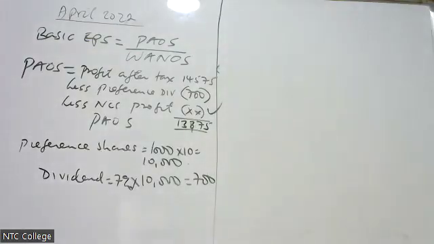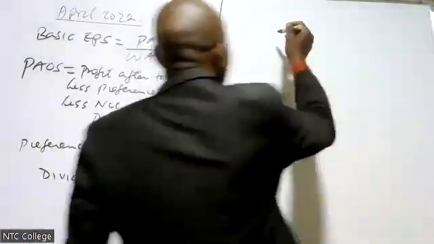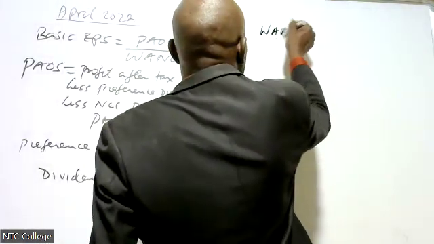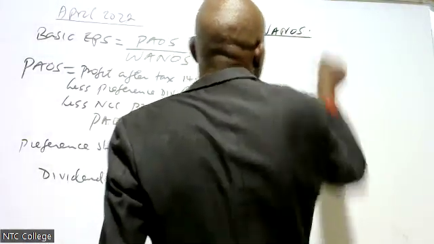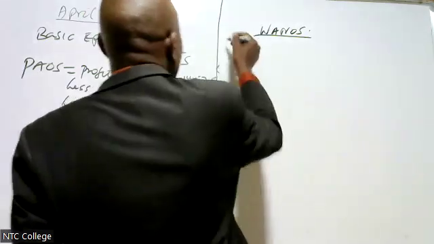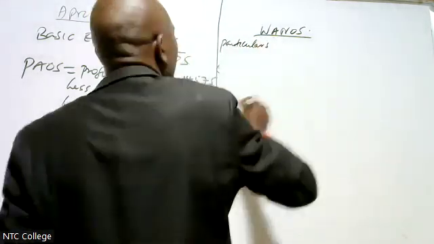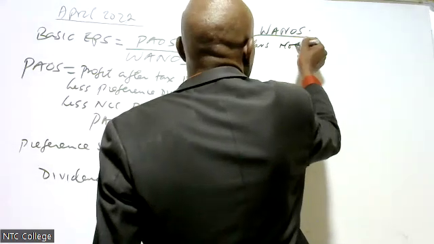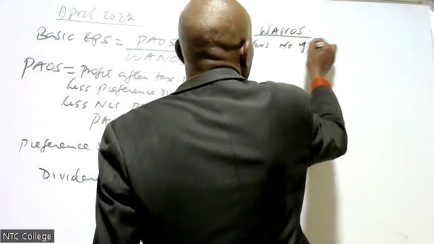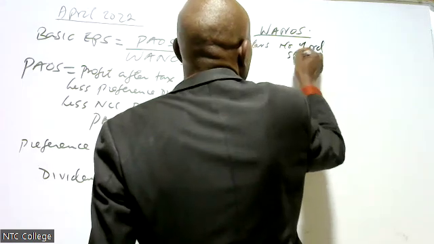Now, after I get the profit, then I ask myself, how do I get the number of shares? Let me get the number of shares. We say particulars. You say here particulars, number of ordinary shares.